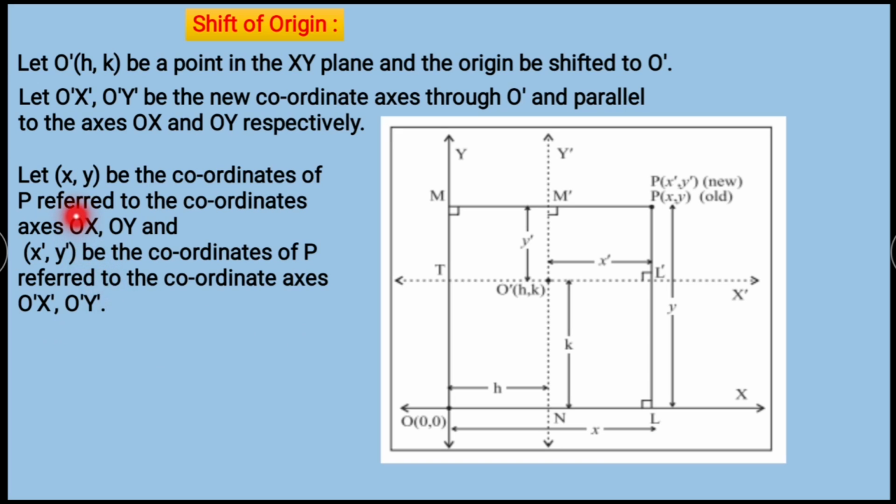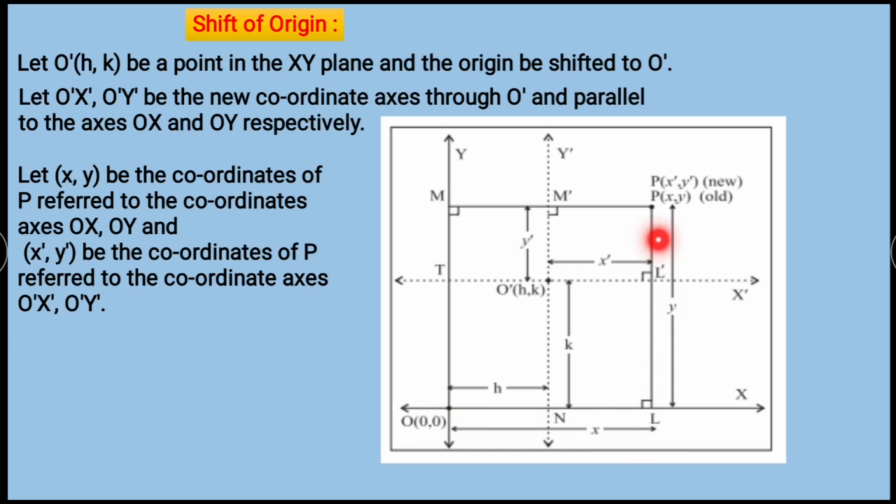That means here we consider point P having coordinate (x, y) referred to the coordinate axes OX, OY, and we write the coordinate of point P as (x dash, y dash) referred to the coordinate axes O dash X dash, O dash Y dash.